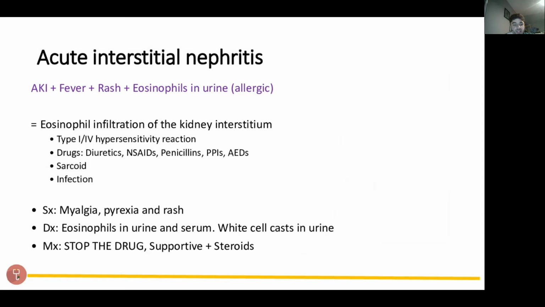So in an SBA, if you see raised eosinophils in urine or serum with a patient with AKI, fever, and rash, think acute interstitial nephritis. In real life, if you don't see the eosinophils in the urine, that doesn't necessarily mean that's not it. Look for white cell casts too. Treatment for this is to stop the drug, give supportive measures, give steroids as well. Okay.